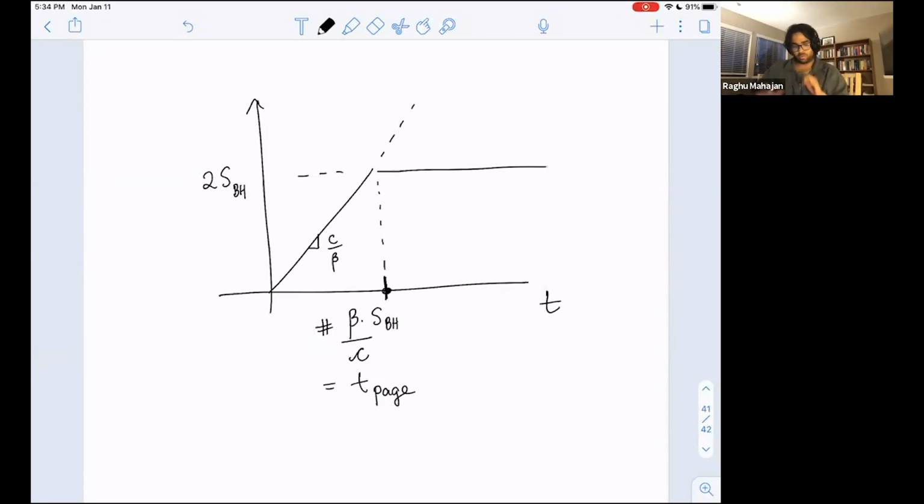Okay, so now we have derived all of this. We have finished the derivation, including all the technical details of this eternal Page curve. Okay, are there any questions about this?